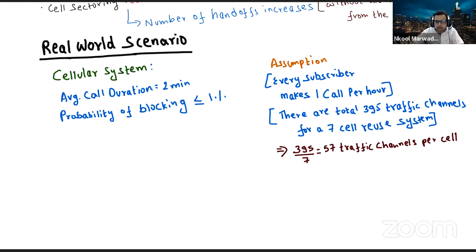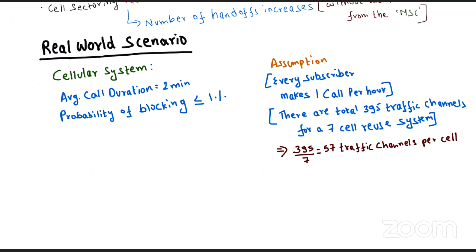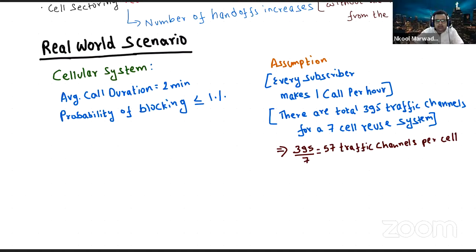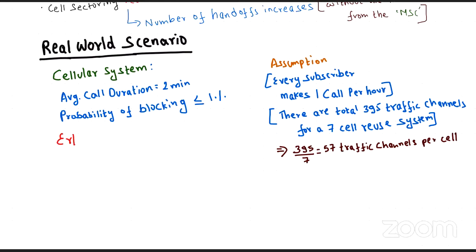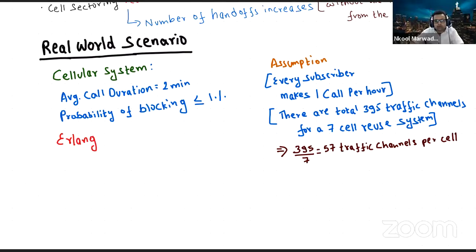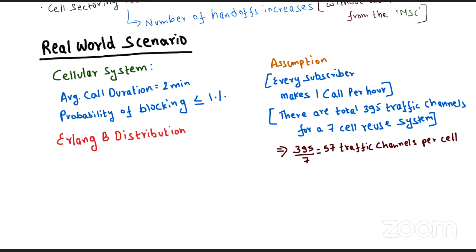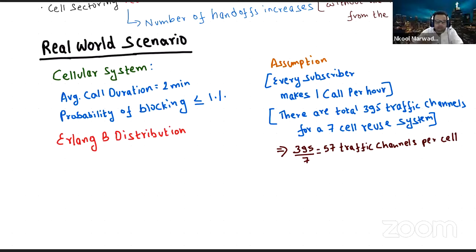Now, in probability, there is one distribution, no, here we are using Erlang B distribution. There is a formula for that. We will not go very deep into the mathematical aspect of that. We will just present the result and you will get an idea what is happening.